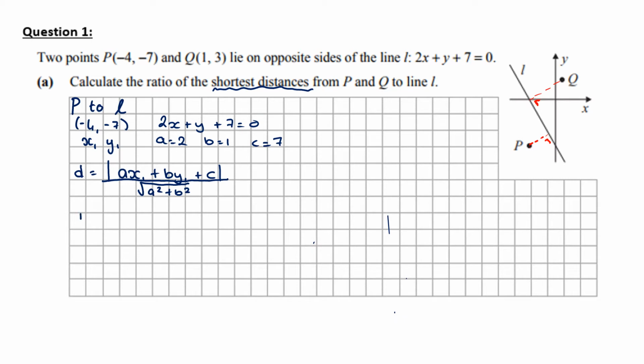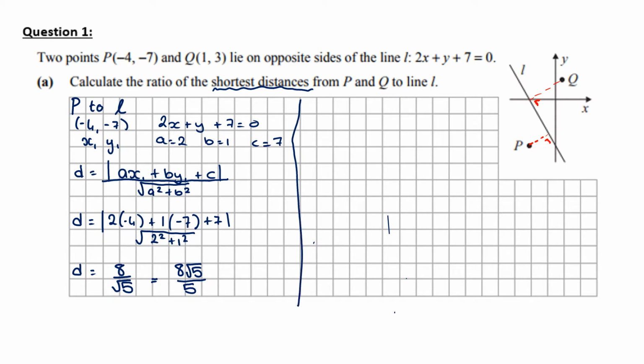So subbing into our formula here, we get 2 times -4 plus 1 times -7 plus 7, over the square root of 2 squared plus 1 squared. And working that out, we get 8 over root 5. If you're putting that into your calculator, it will probably simplify it down, say 8 root 5 over 5. Both are the same.